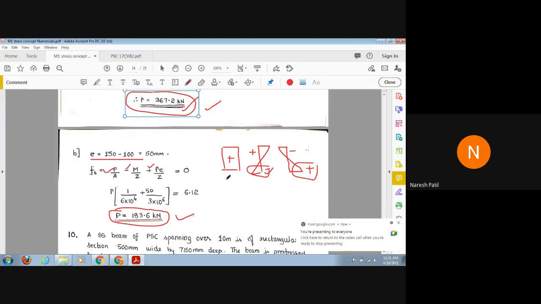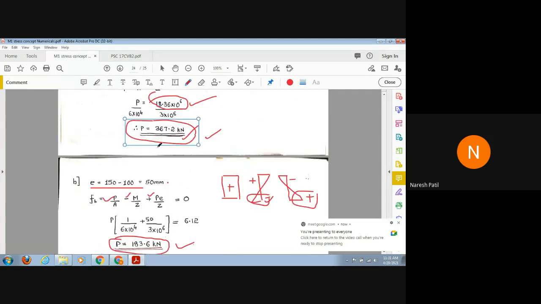Yes, he is correct. Because when the cable is concentric, to balance the dead load and live load, please concentrate here, that is, the total load, to balance the total load, we require 367 kilonewton force.